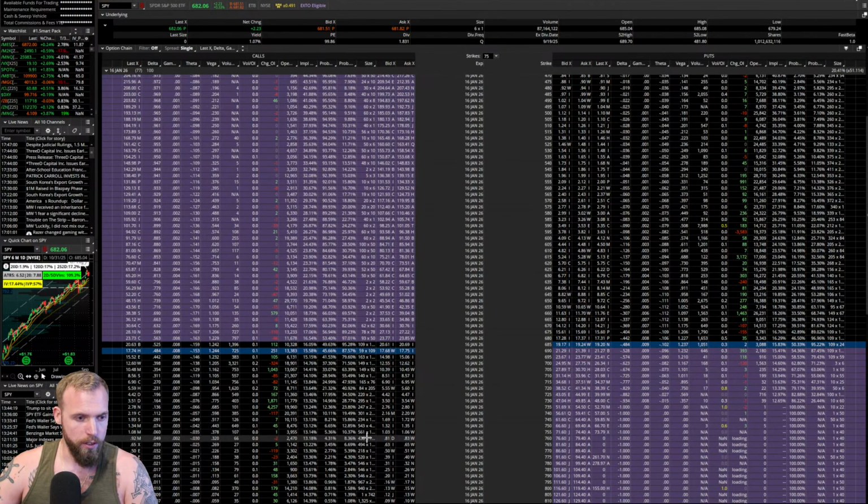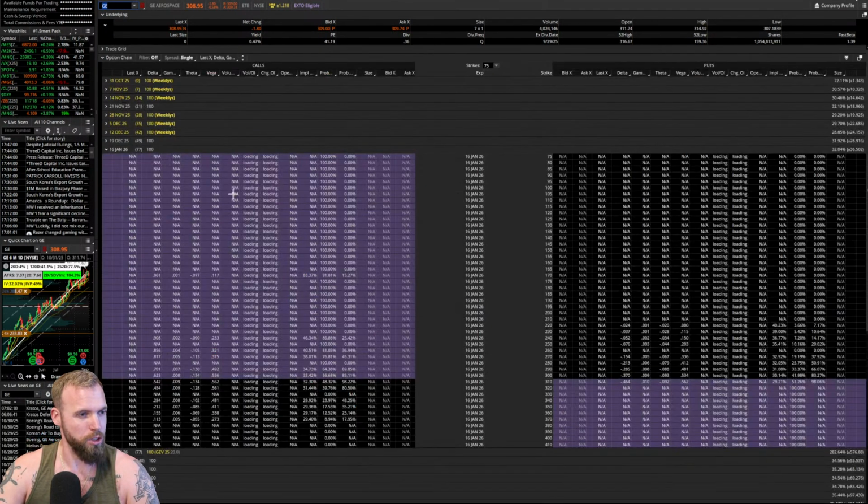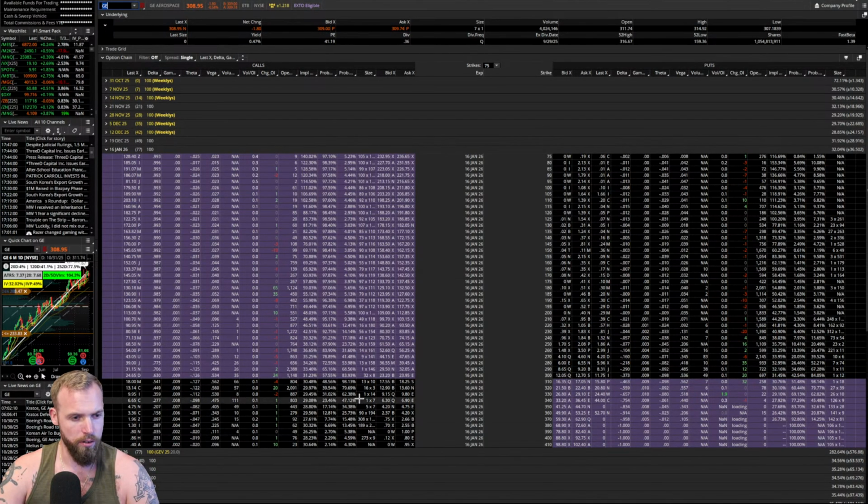Now for GE, let's take a look at some other options chains really fast. Here, it's a literally perfect example. In GE 77-day options, this is bid at 13 size, offered 10. You can consume that super quick.